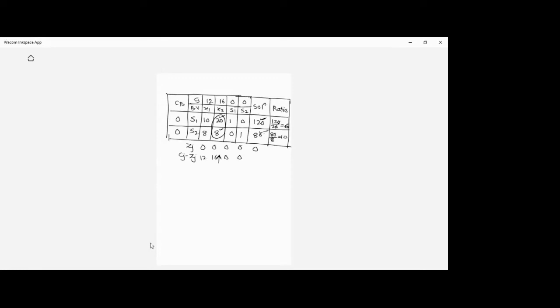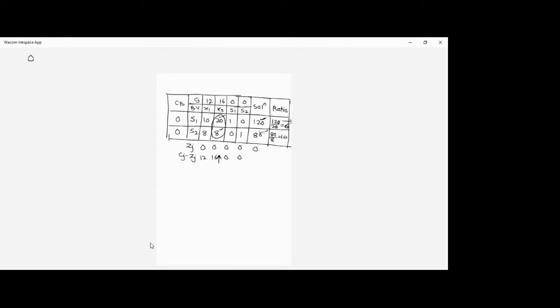To select the variable that is going to leave, called the leaving variable: x2 is our incoming variable, and one of the variables will leave. Which variable is going to leave? The variable with the smallest ratio is going to leave. Between 6 and 10, 6 is the smallest.